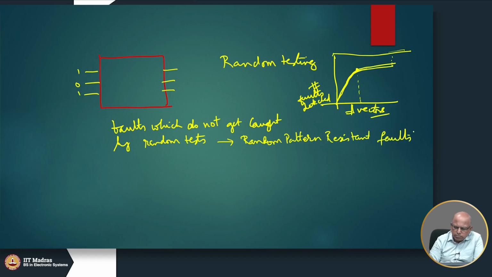They resist being caught by random patterns. So, we have to use algorithms like D algorithm or PODEM, which are expensive. Random patterns are easy to generate, it is very easy to generate random numbers.